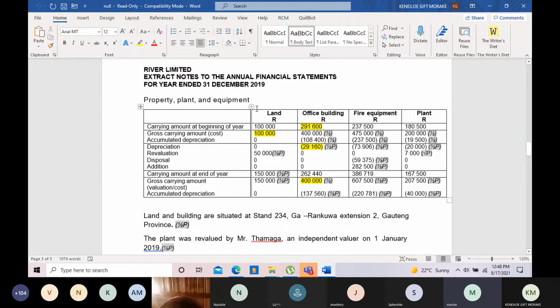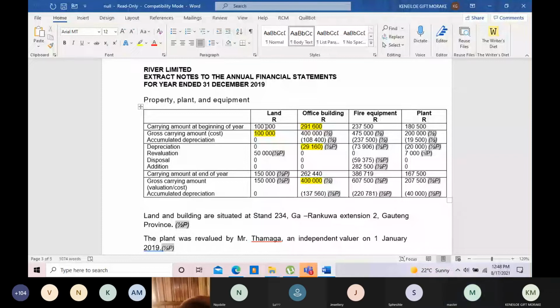The amount at the beginning is 100,000. This is the asset register that is at the 1st of January 2019.